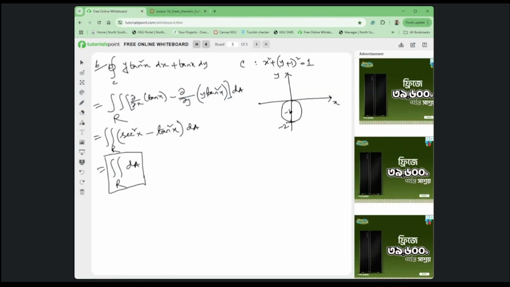Area. Area of what? Area of this circle.